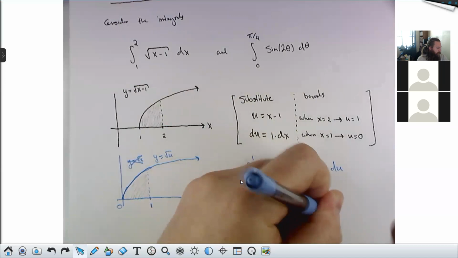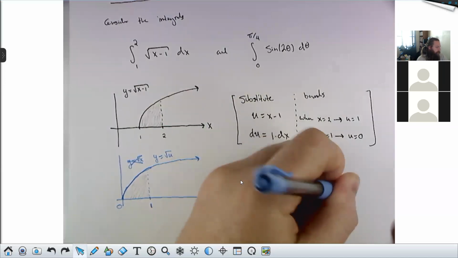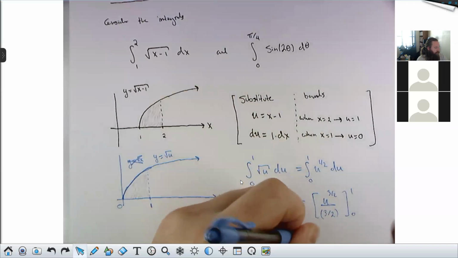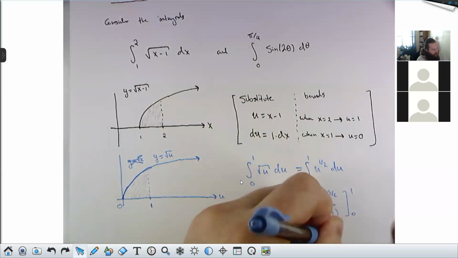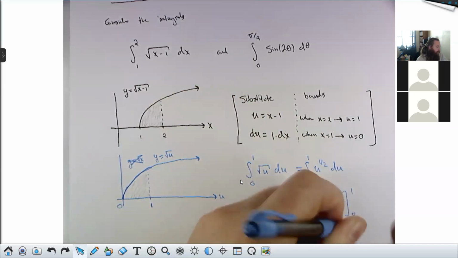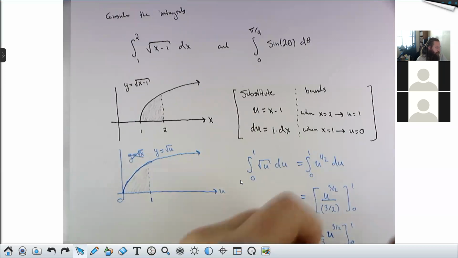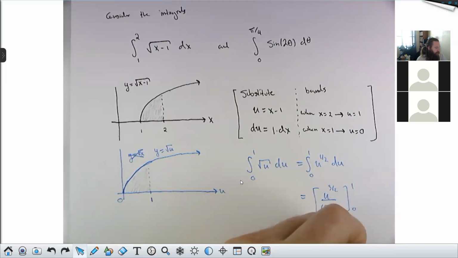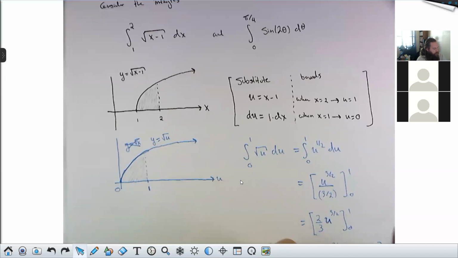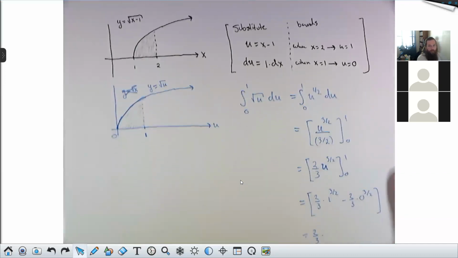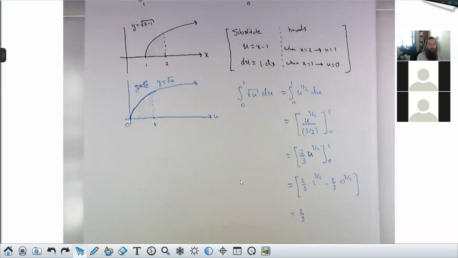So I have u to the 3/2 divided by 3/2, evaluated from 0 to 1, which is 2/3 u to the 3/2, evaluated from 0 to 1, which is 2/3 times 1 to the 3/2 minus 2/3 times 0 to the 3/2, which is just 2/3. And that's the magic of substitution. It takes us from an integral we didn't know how to do to an integral that we do know how to do.